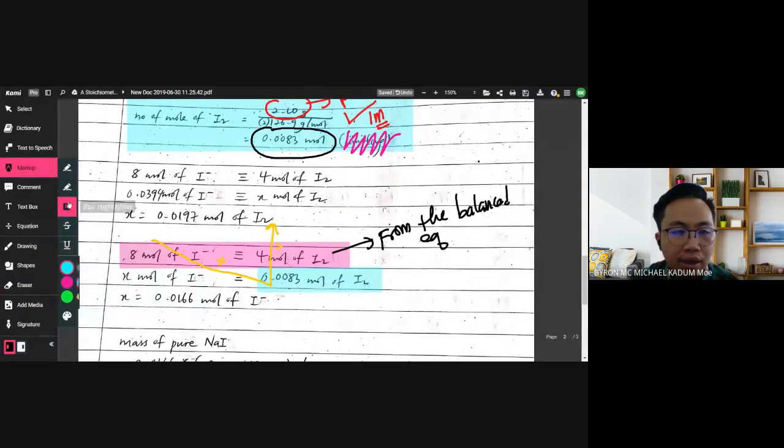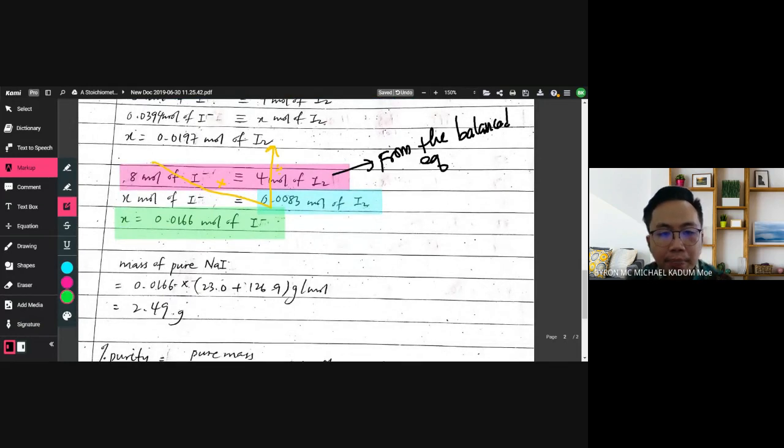I minus, sorry. Mol of I minus over here. So when you get the mol of I minus here, kita tukarlah dia pergi mass. Okay, ini adalah mol of I minus.